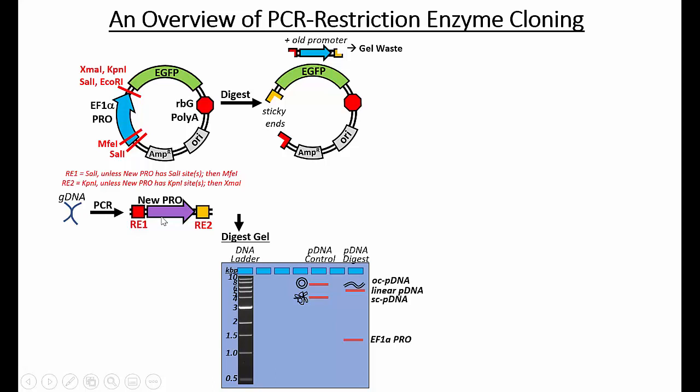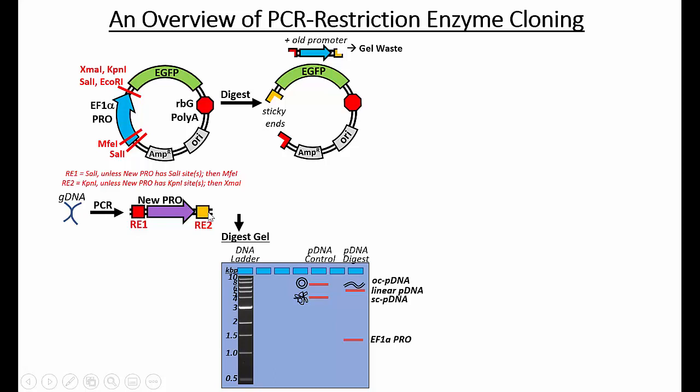And at the same time, if I design primers correctly for this reaction, I can also modify the ends of that sequence as well. So if I use SalI and KpnI to cut my destination plasmid up here, I can also add SalI and KpnI sites to this promoter sequence.